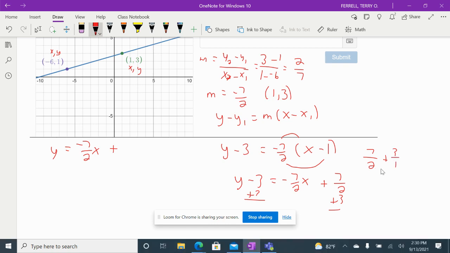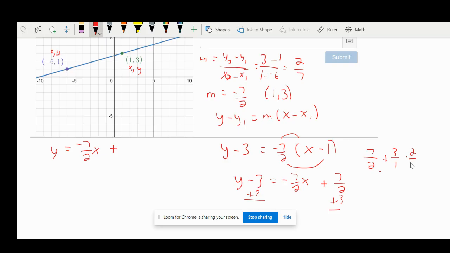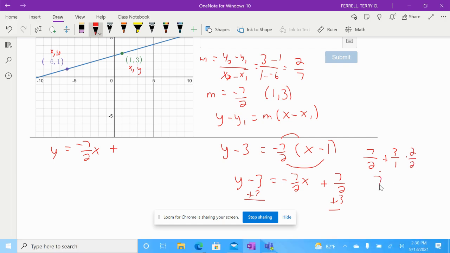My least common denominator is 2. You could put this in your calculator, I'd be fine with that. So I'm going to multiply this by 2 over 2 because I want the same denominator. So I got 7 over 2 plus 6 over 2, and add those. That's going to be 13 over 2.